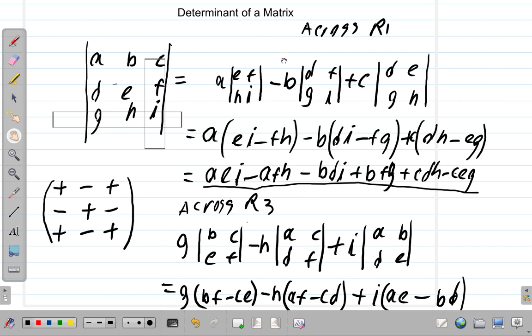Let's see. Now, we're not going to interfere with this determinant, but let's write it up here to make more space.